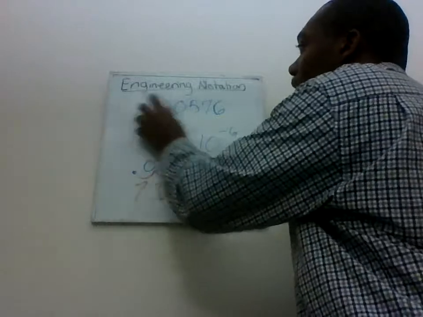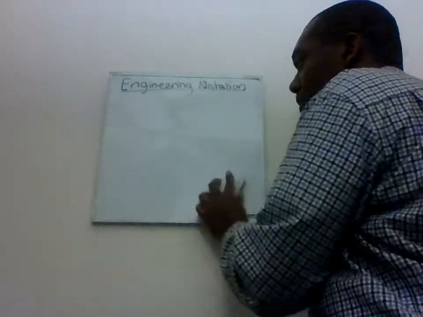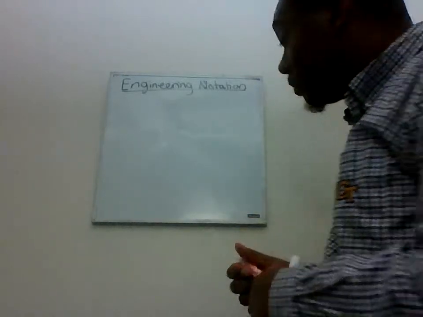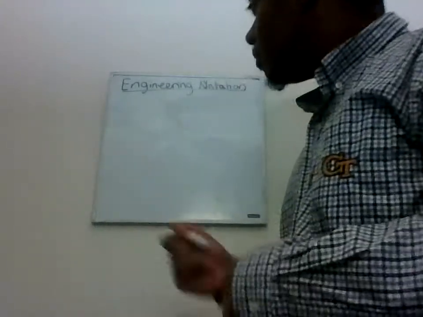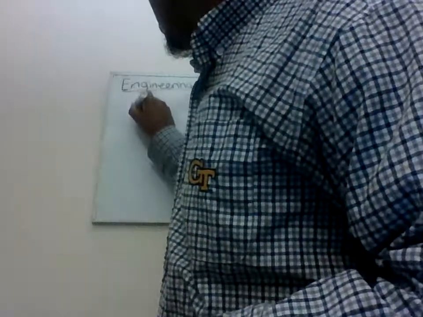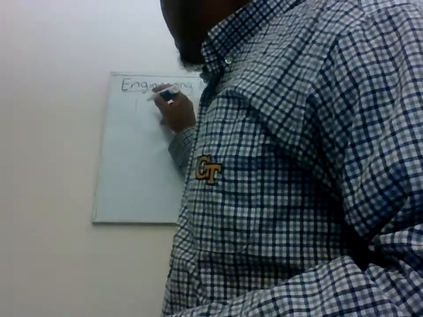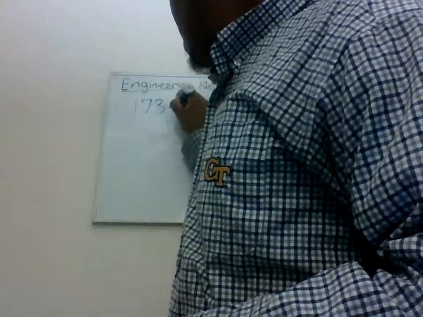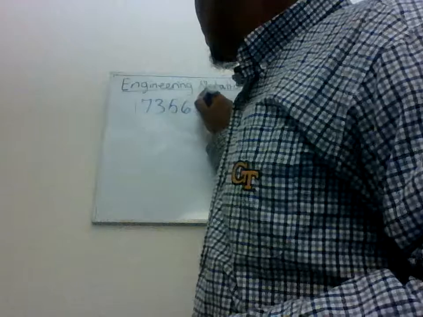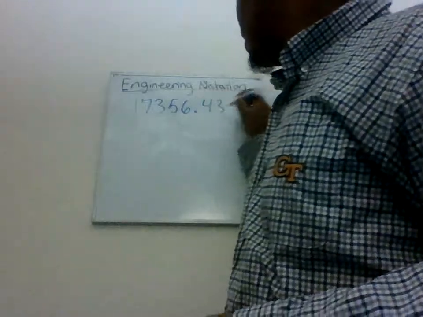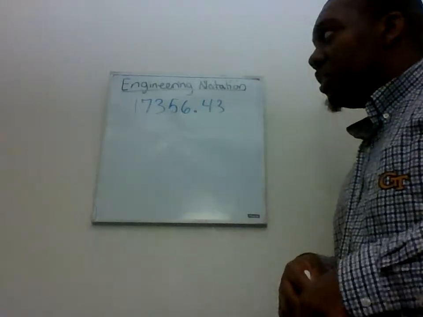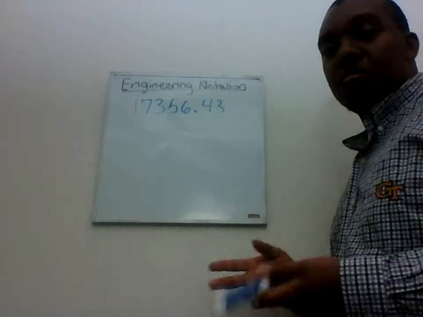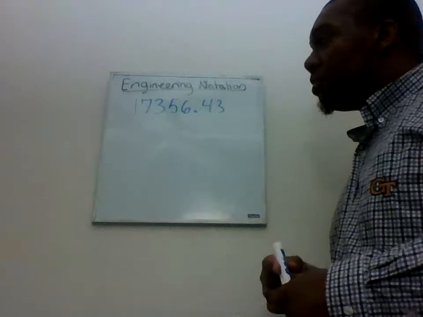Another thing that people do for engineering notation is, I'll do the number 17,356.43. A very simple number.